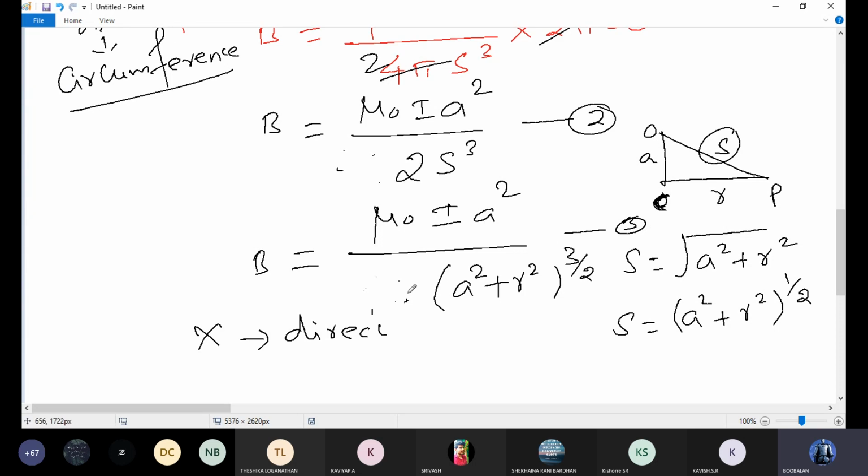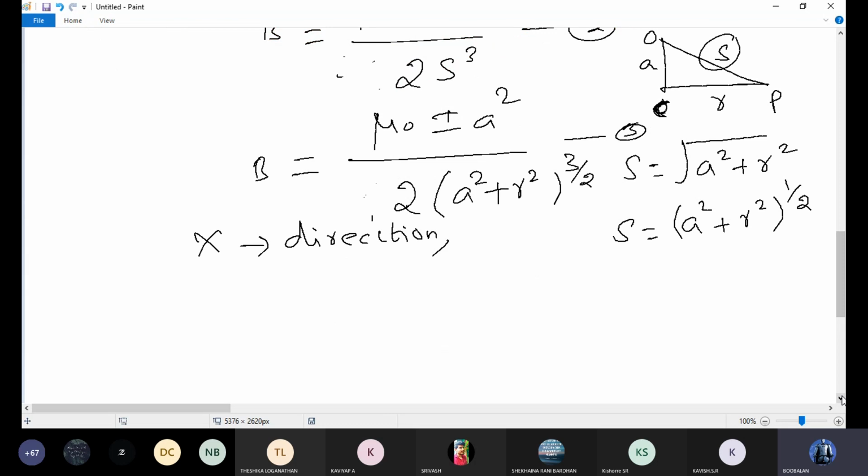Two s power 3 by 2, into (a square plus r square) power 3 by 2. Okay, so now the direction: it is the x direction. Same formula, only we just mention the i cap.